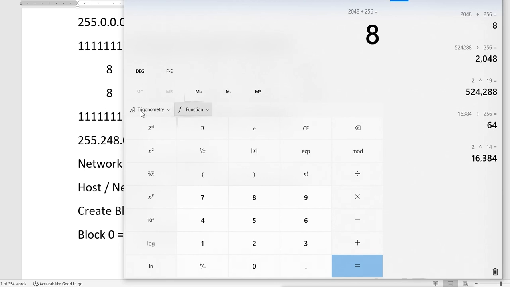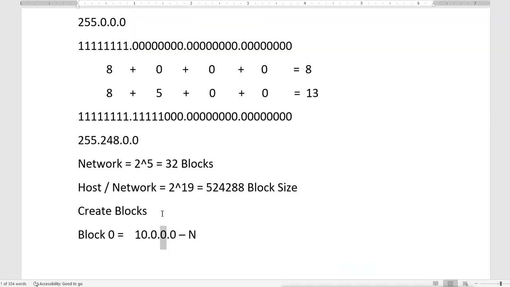Now what does that mean? On this side I can go through 8 blocks of 255, so that it reaches this number of hosts.